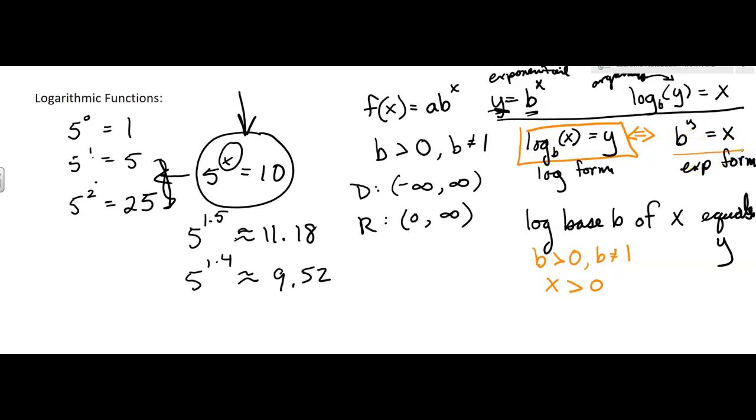When you have a base, the base is positive, you're going to raise it to some power. You're never going to get a negative number. Think back to your domain and range. There was never a negative output, right? So on the logarithm side then, the argument has to be greater than 0. It has to be positive. Okay, now that's going to come up, so you're going to have to remember that.